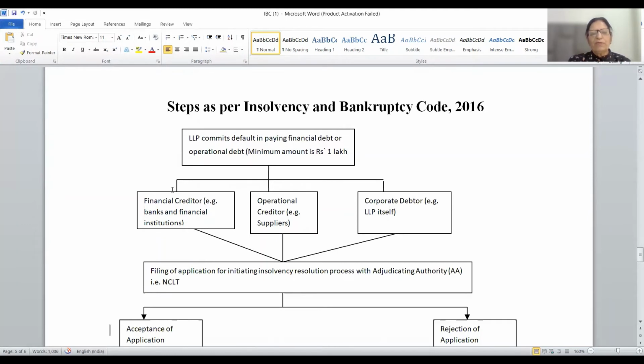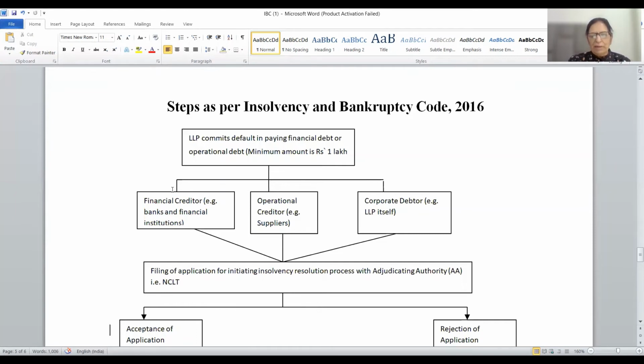Now, who can file this application for IRP with the AA, that is the Adjudicating Authority, that is NCLT? The financial creditors, that is the banks and financial institutions, then operational creditors, for example, the suppliers, and the corporate debtor, that is the LLP itself.